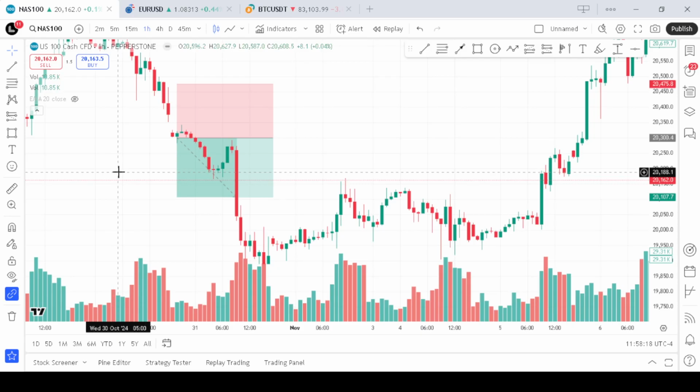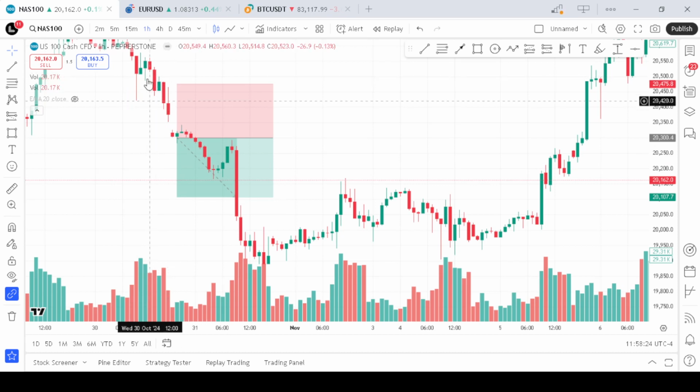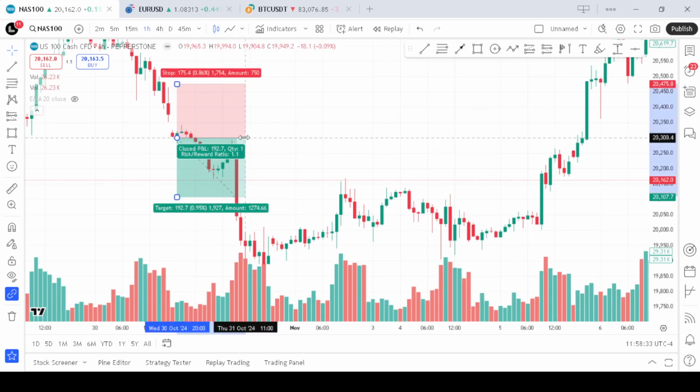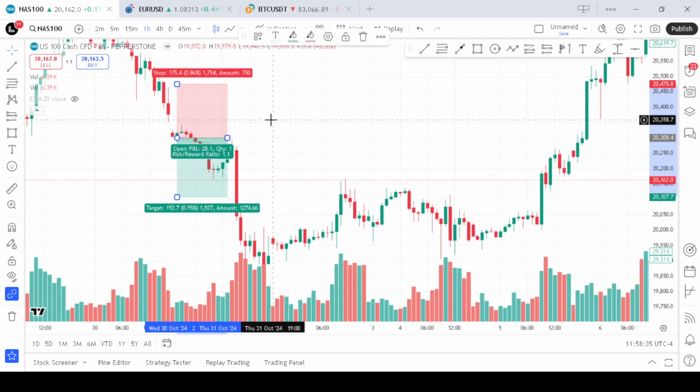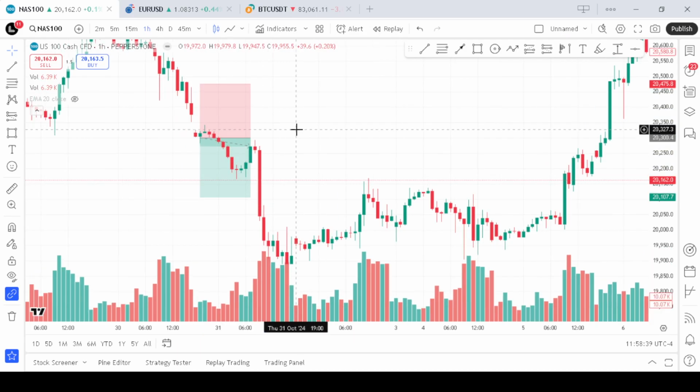Never risk more than 1 to 2% of your trading capital on a single trade.